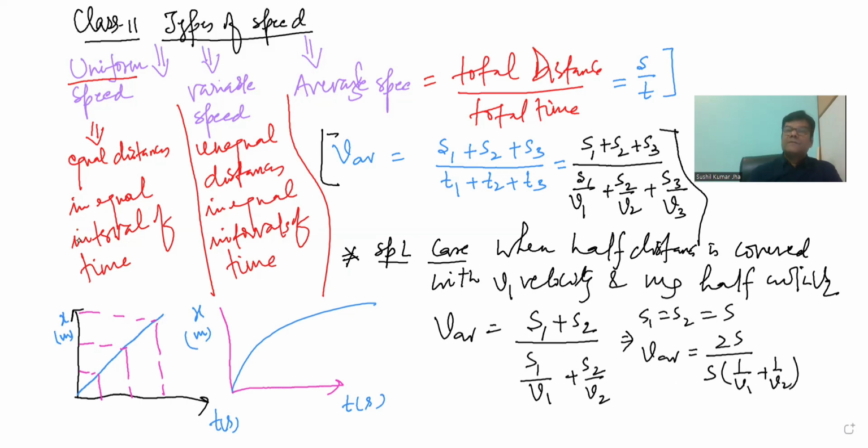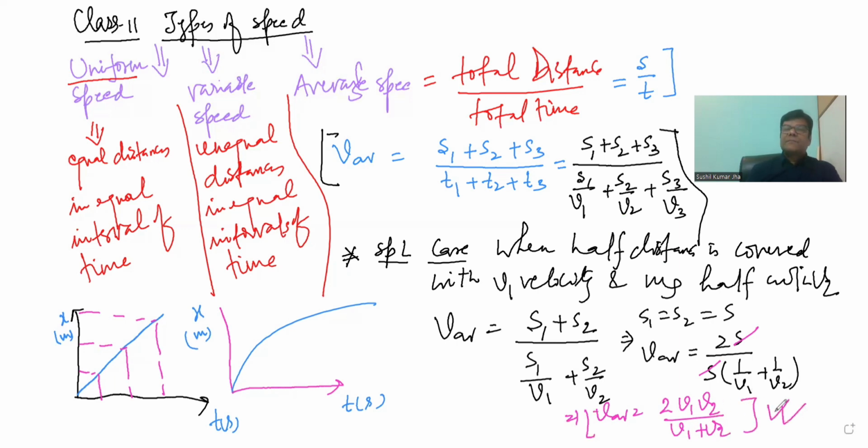Now if we solve, what we get? S gone, and this v average becomes, v1 into v2 will go up, so twice v1 v2, and in the denominator we are left with v1 plus v2.